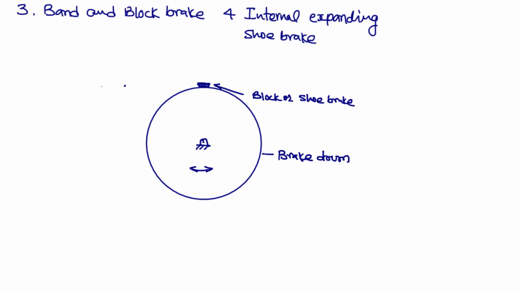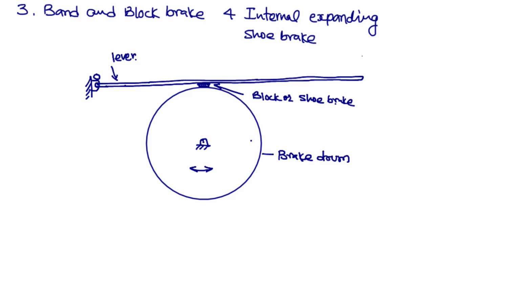So this is the lever. In the first case, the lever is hinged or pivoted at O. The force applied at this end is F. Due to this force, the force on the brake drum is applied through this lever.